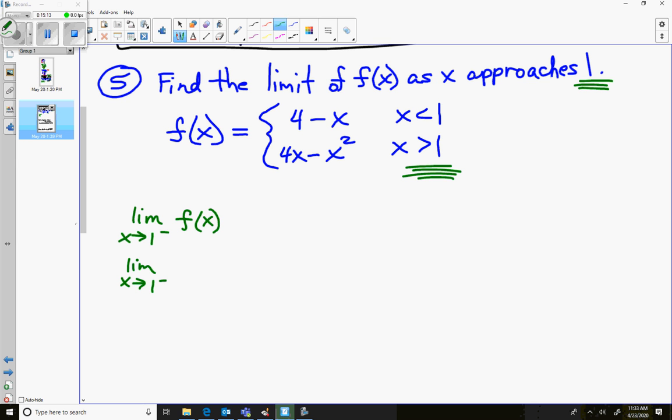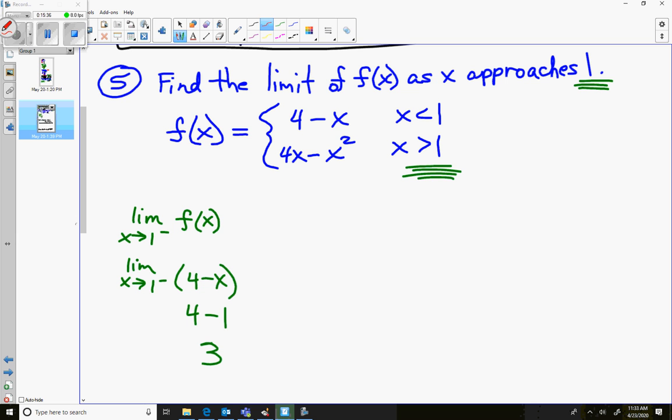Coming from the left would be the linear part, 4 minus x. Now the linear part is in fact continuous, so I can just plug in the 1. And when I plug it in, I don't write limit anymore. So my left-hand limit is simply 3.